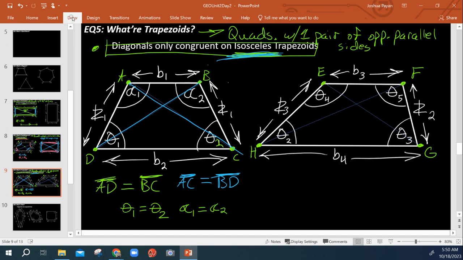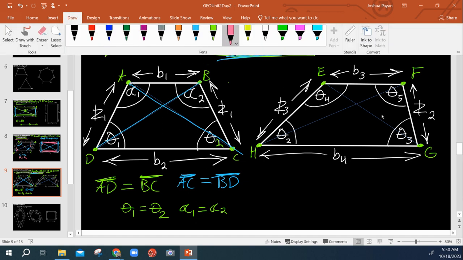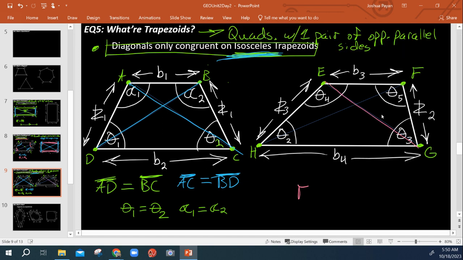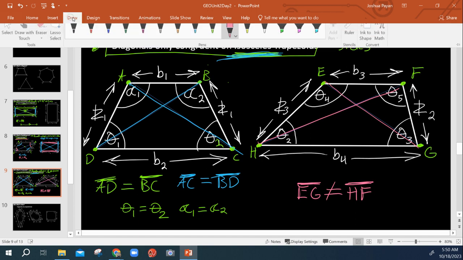I mean, clearly we see that EG is not going to be congruent to HF. Okay, so the special stuff only happens on isosceles trapezoids.